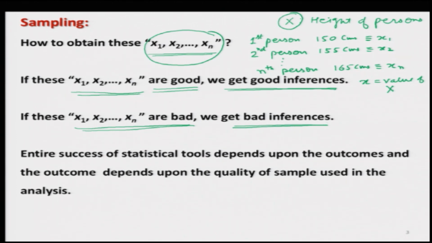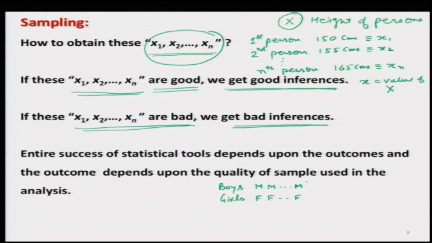Bad statistical inferences means they are not really representing the properties of the population. For example, I can give you a simple example. Suppose there is a class of students, and suppose there are some boys and some girls. Boys are indicated by M for male gender, and girls are indicated by F, that is female gender.